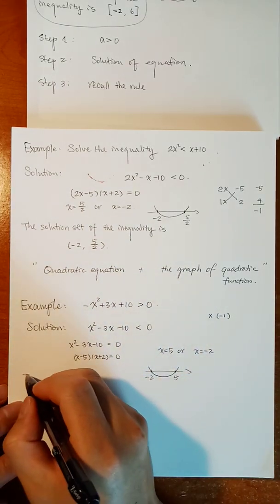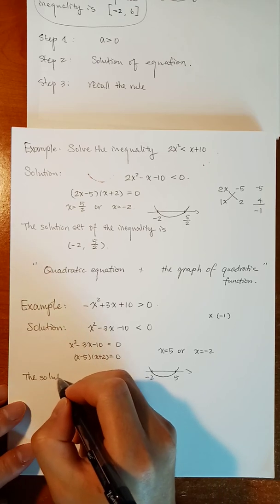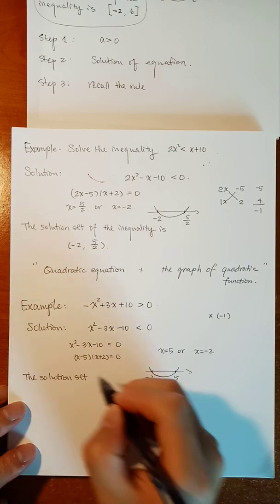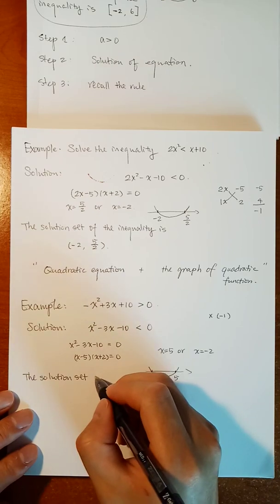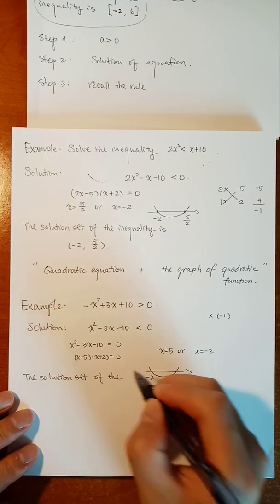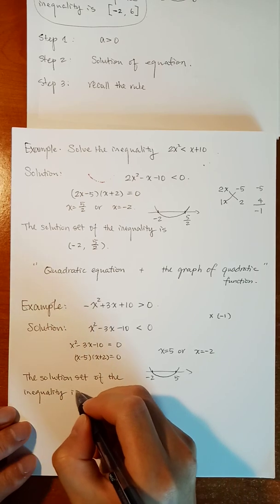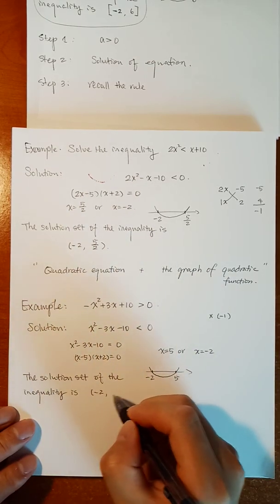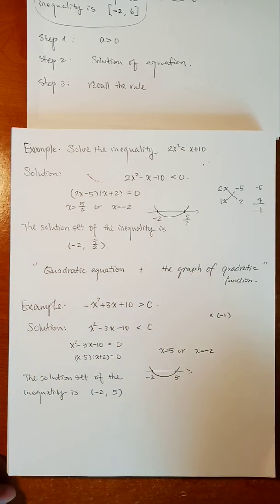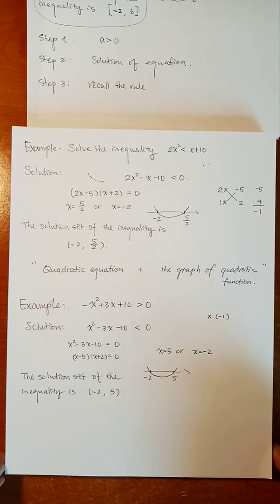And so the solution set of the inequality is from -2 to 5. All right, -2 to 5.